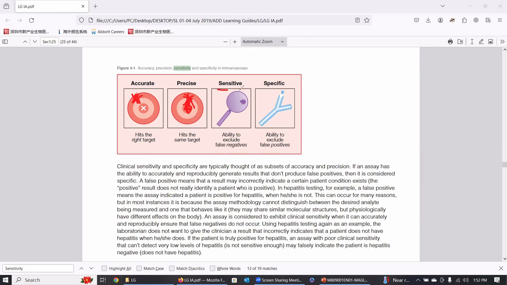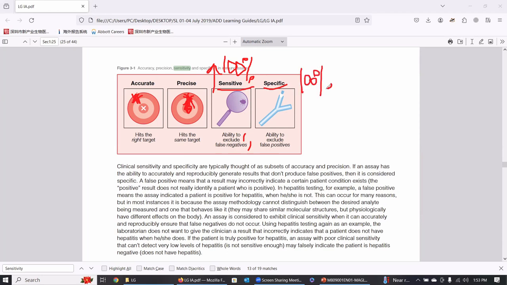And if we talk about sensitivity and specificity, sensitivity means the ability to exclude false negatives. What does false negative mean? The probability of missing the target molecule is zero, which is called sensitivity. So if you enhance the sensitivity or keep 100% sensitivity, your specificity will not be 100%.